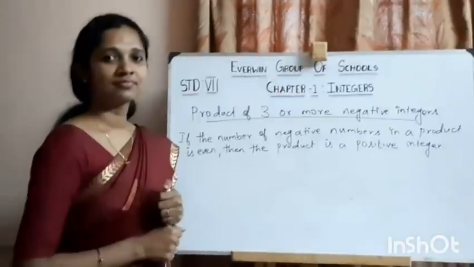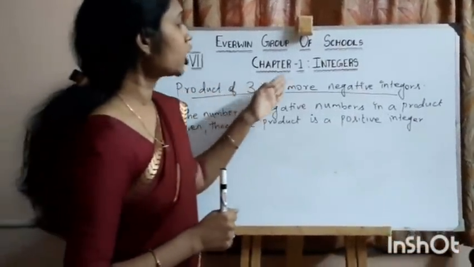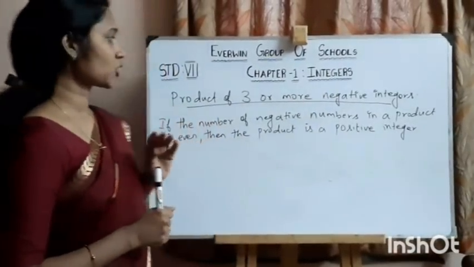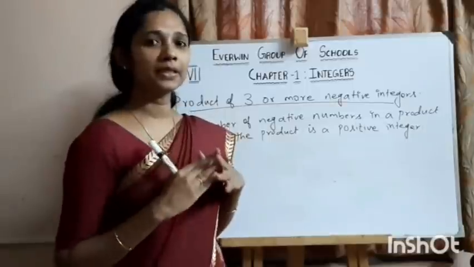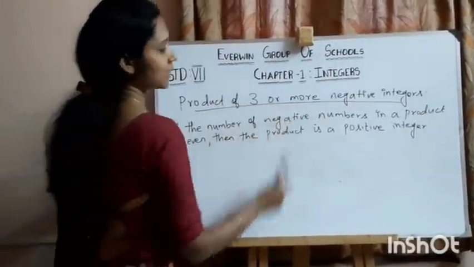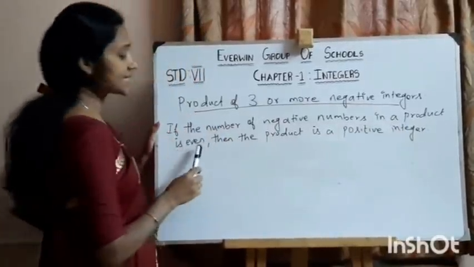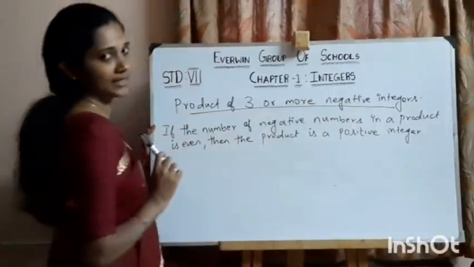Okay. Now we shall see the concept of product of 3 or more negative integers. When we multiply 3 or more negative integers, what will be the result that we are going to see now? If the number of negative numbers in a product is even, then the product is a positive integer.